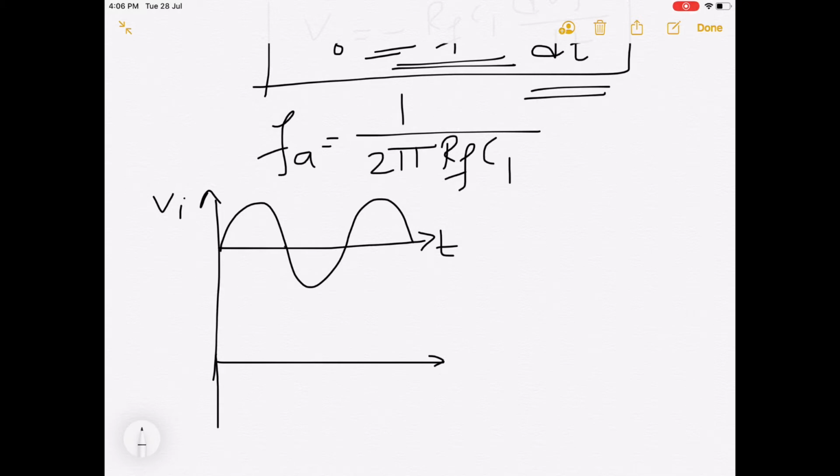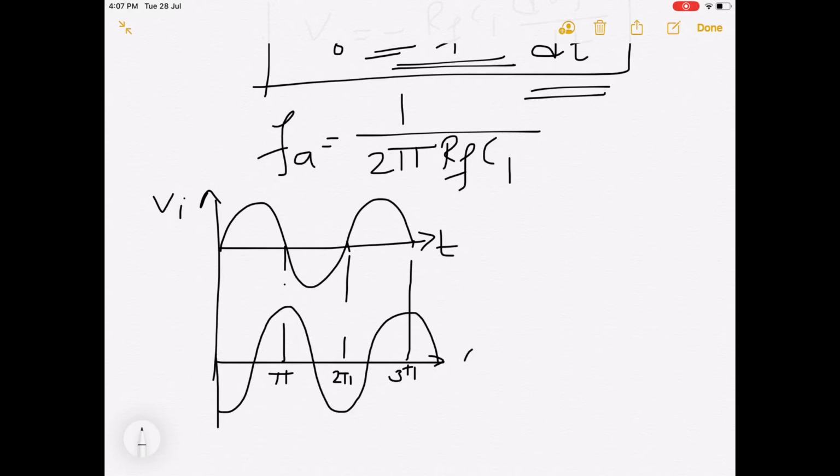If you want to draw this output, this is pi, this is 2 pi, this is 3 pi, as compared to the above waveform. For cosine you will get it like this. This is the output of the differentiator.